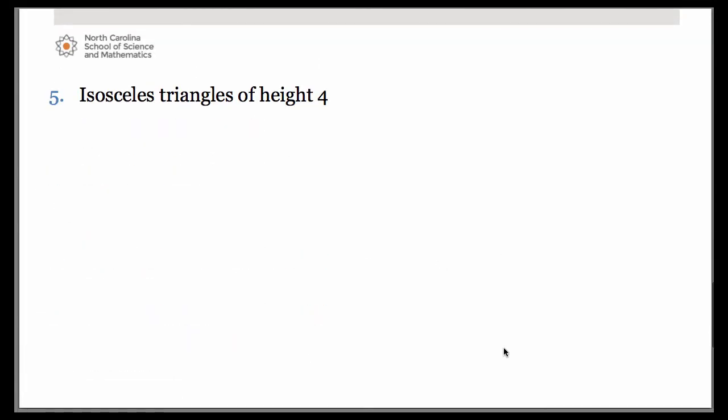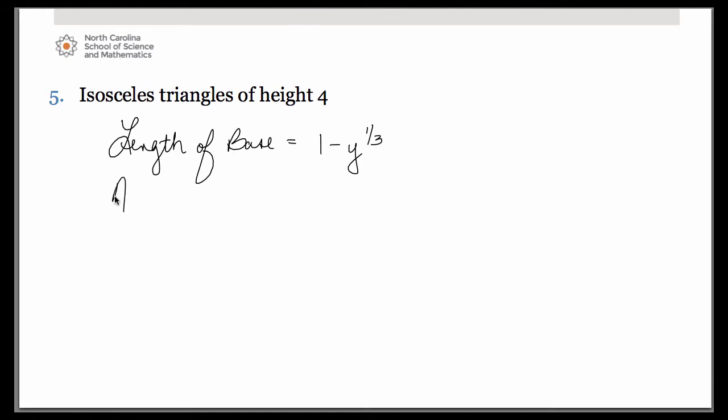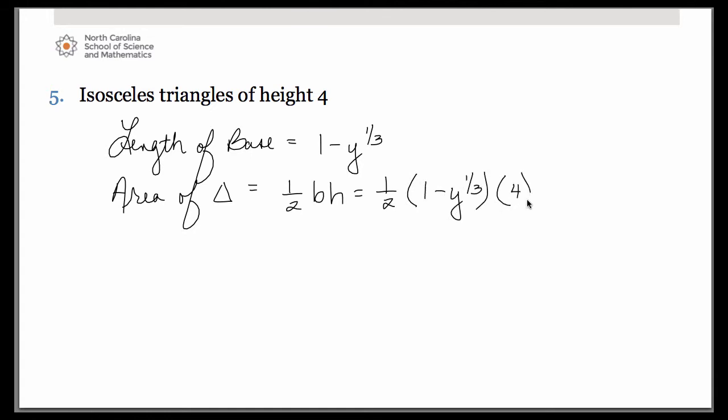So the length of the base remains the same. The area of our isosceles triangle, we're simply going to use 1/2 base times height. So 1/2 the base times the height of 4. And of course we can simplify that.